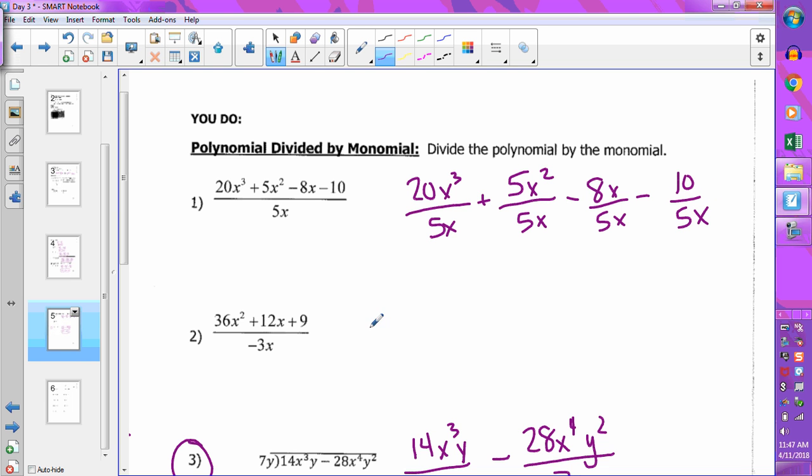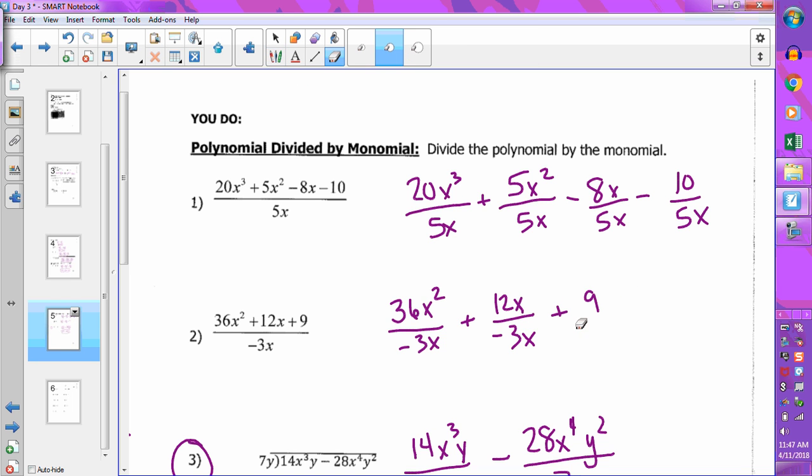And then this one is 36x to the 2nd degree minus 3x plus 12x, negative 3x plus 9. Oops, that's not a 9x, just 9, over a negative 3x.